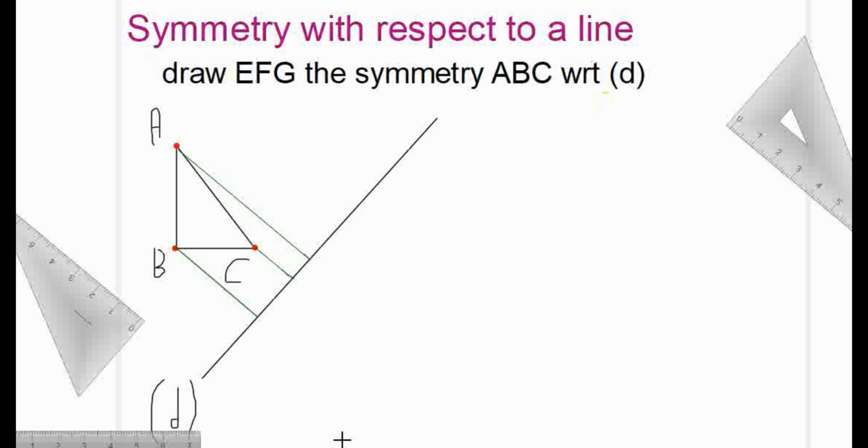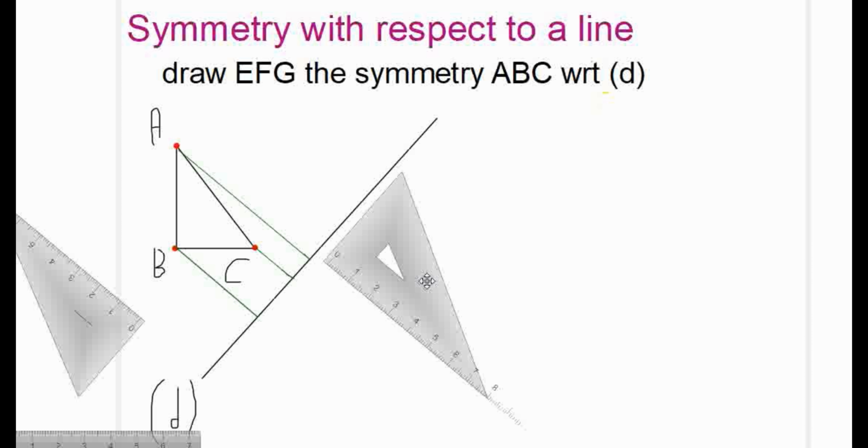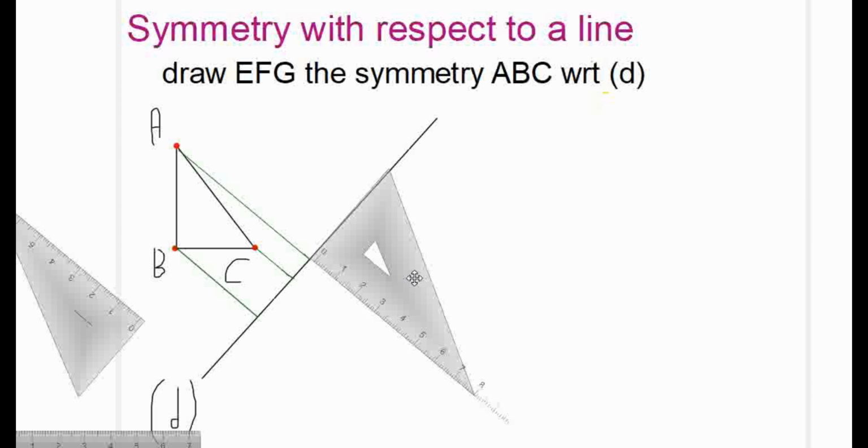Now I also want to complete this figure. We said that D is in between, it is the midpoint. So we want to complete these lines to the other side, and we want the exact same measure for this green line to be on the other side. So we are going to bring our set square and first of all complete the line.